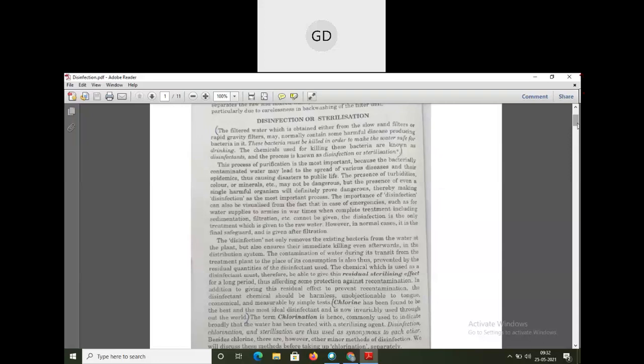After filtration, disinfection is done to give water to the armies. It is a very fast process. After disinfection, you can directly drink the water. It will be drinkable.